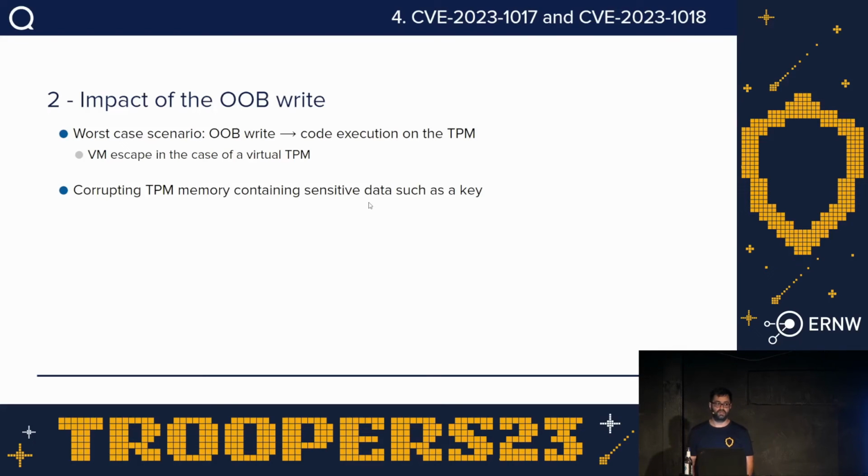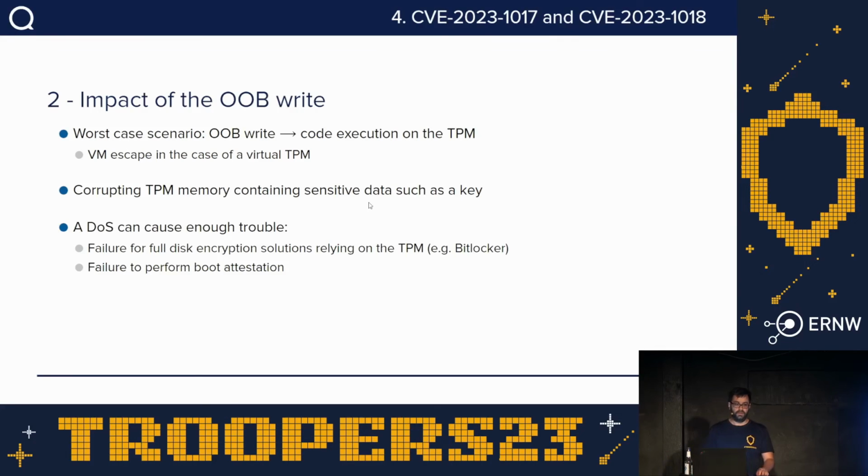For example, if I'm not able to get code execution, but I manage to overwrite 2 bytes containing sensitive data, such as a key that is held in the TPM memory, maybe that can have a big impact. And even causing a denial of service can give you enough trouble. I will go back to this a little bit later.